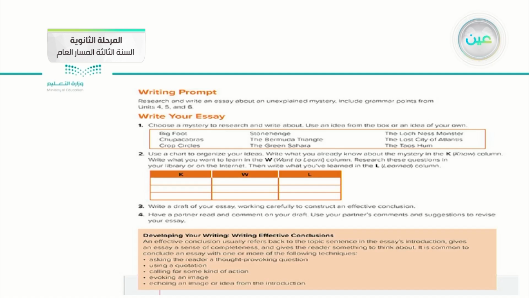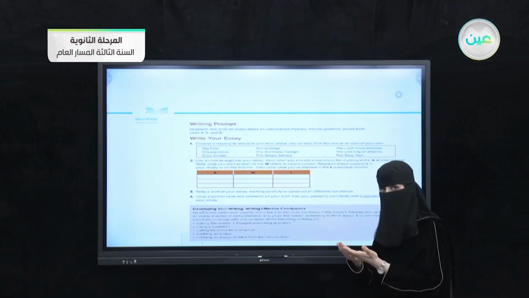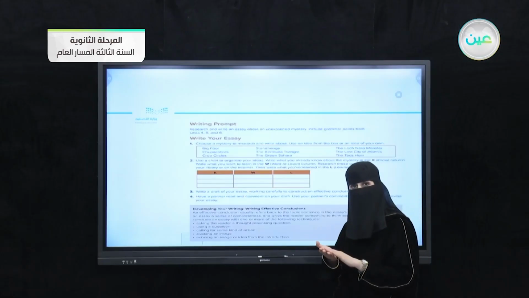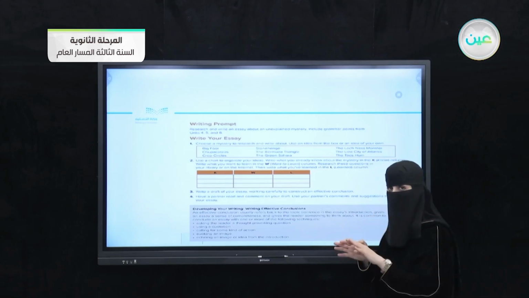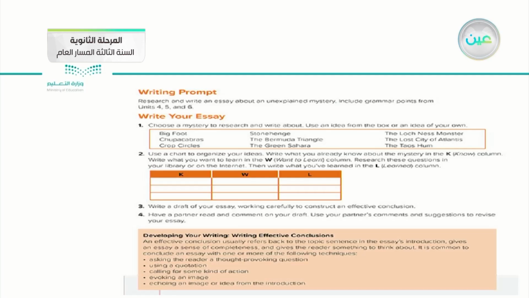You should apply that one in your conclusion. And evoking an image. If you evoke an image in your conclusion, it will be effective for the reader of your essay. And echoing an image or idea from the introduction. You should echo an image from the introduction.